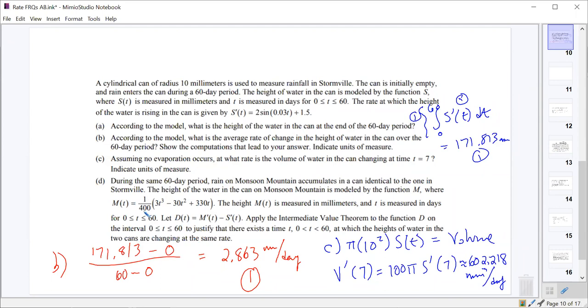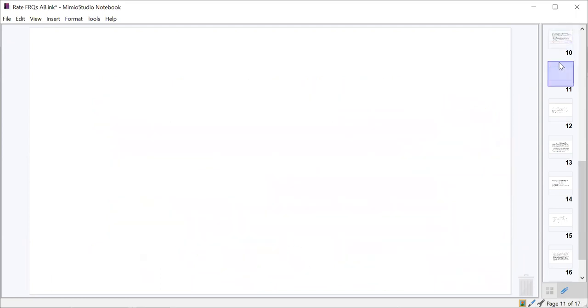It's just a polynomial. So we can say that since D is continuous, that's the first criteria for the intermediate value theorem. D is continuous on our interval 0 to 60.